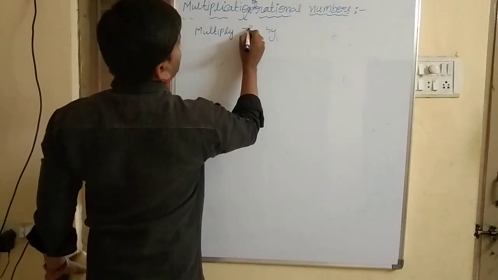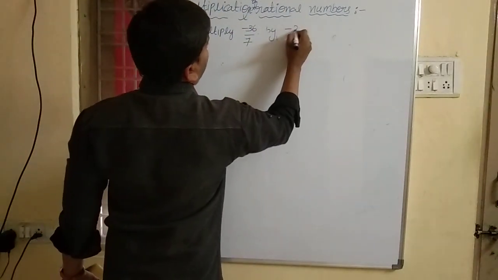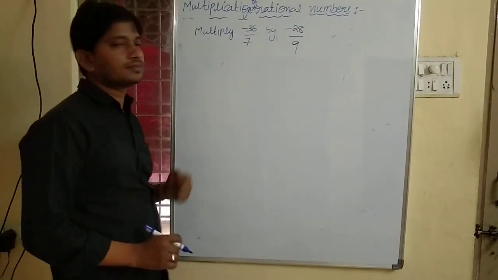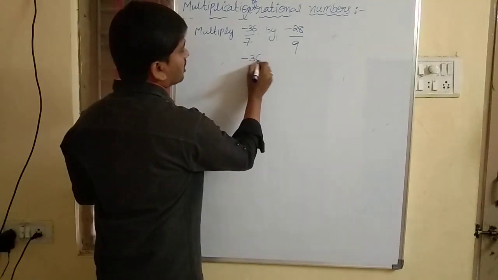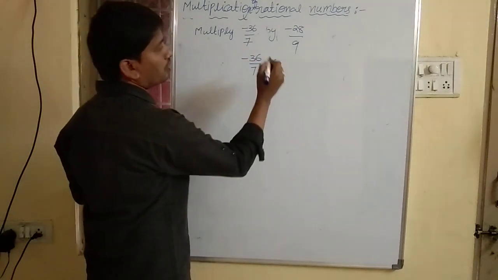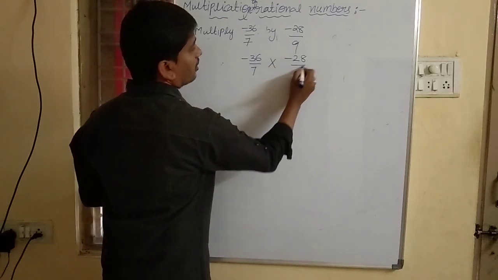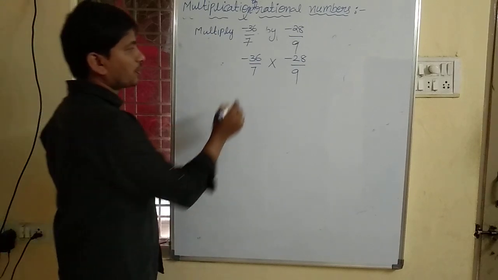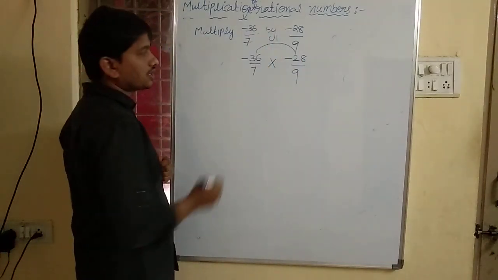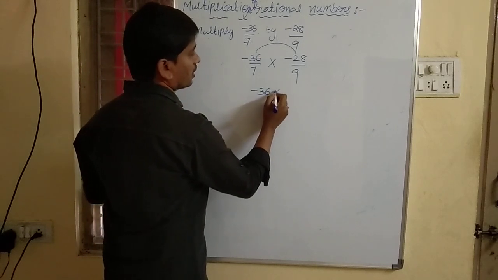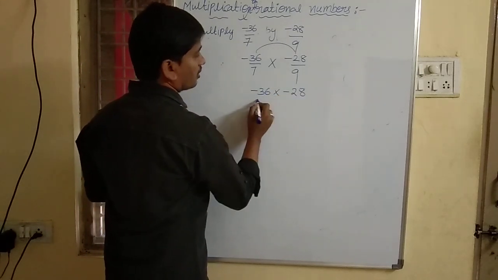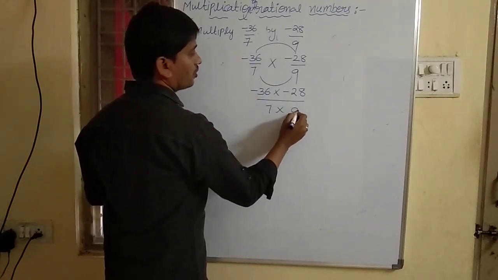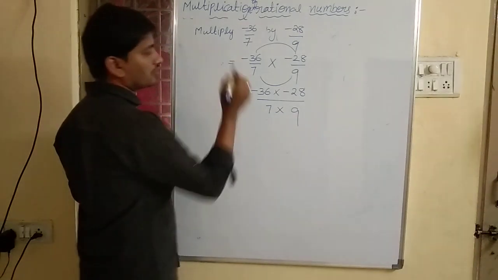Multiply minus 36 by 7 by minus 28 by 9. Multiply the same way: minus 36 by 7 into minus 28 by 9. Multiply as the product of numerators, minus 36 into minus 28, divided by the product of denominators 7 into 9.